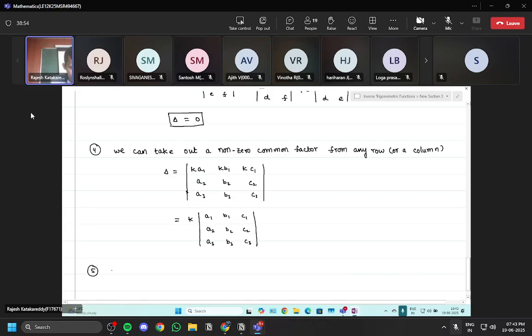Number 5, if any two rows or columns are proportional, then the value of determinant is 0.